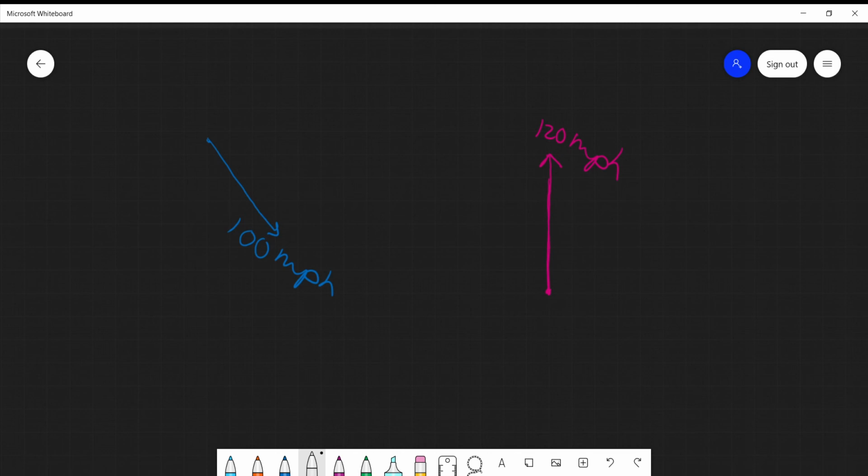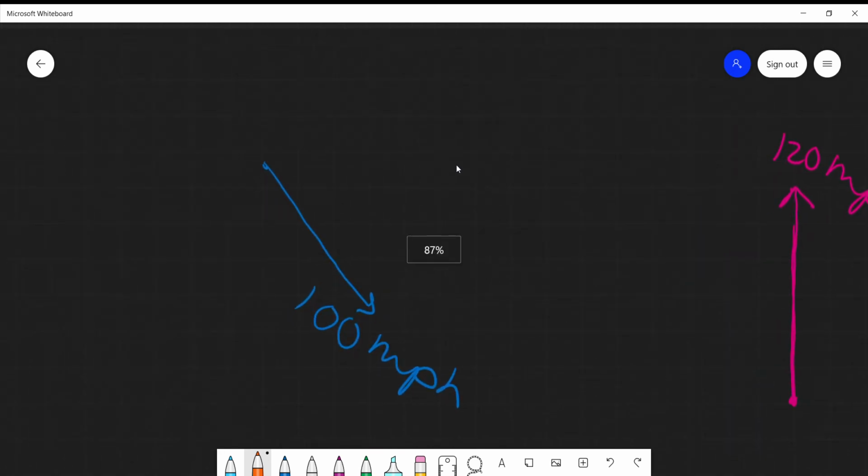So instead of redrawing these two to line up with each other and finding the resultant vector like that, we're going to find each individual x and y component. I touched on that in part 1, but I'm going to redo it anyway.